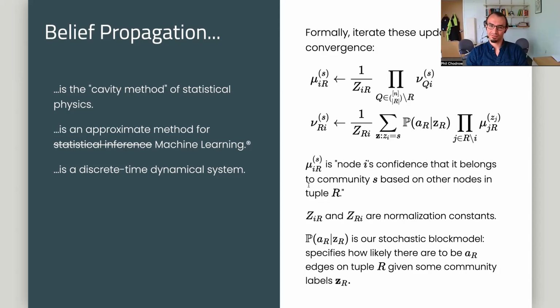So fortunately, this is where we emphasize the discrete time dynamical system perspective. We can actually learn something about the behavior of belief propagation by using discrete time dynamical system techniques. And so what we're going to do is linearize around a fixed point using really nice standard techniques.